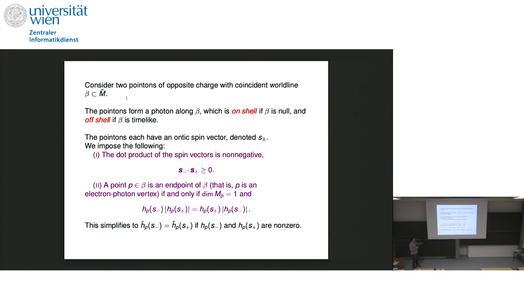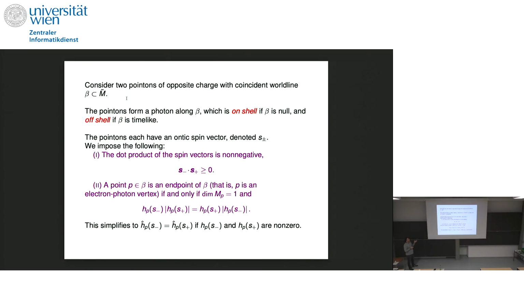I'll try to get to this later, but when a particle is on shell, it means relativity is maintained with this momentum. And if it's off shell, then relativity is being violated in the Lagrangian picture in quantum field theory.